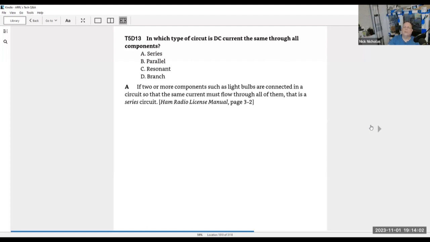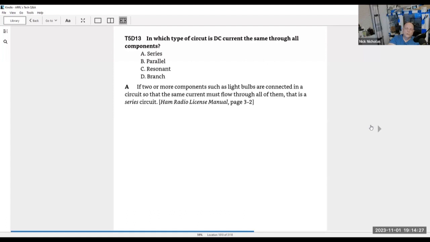In which type of DC circuit is the current all the same all through the components? In a series circuit, the current is always the same. The voltage drop across each component will be determined by the resistance of each component.